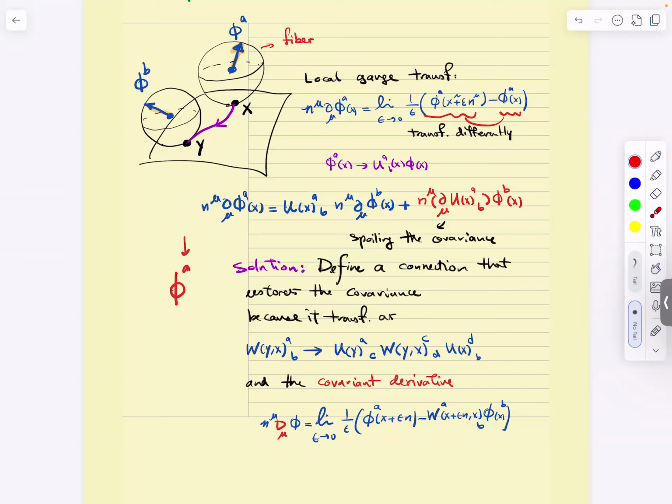This is gauge invariant. Can you see that? Under gauge transformation, this transforms like a U of y, this transforms like U dagger of x. This guy transforms like U of x here and U of y there. It's designed to do that.